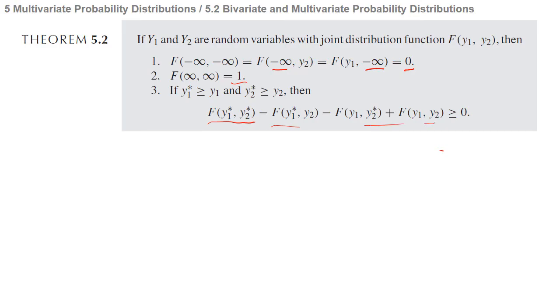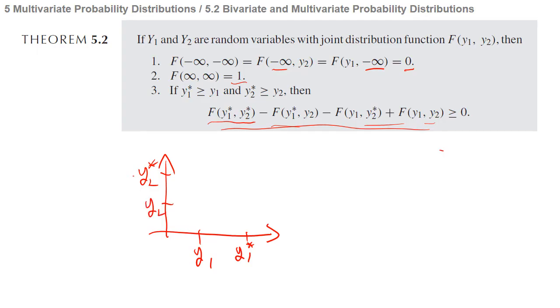And actually, what this means is that, if this is y1 and this is y2, and we have the density defined on, okay, let's say these are the stars and these are y1 and y2.